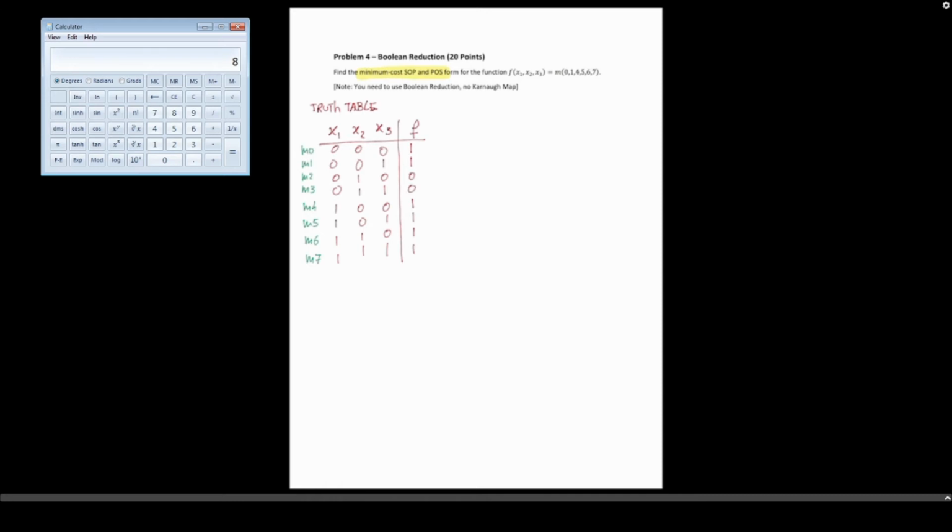Alright, so let's start with my SOP, and my f is equal to x1, x2, x3 all negated, or x1, x2, x3. So I'm going to write, we have 2, 4, 6 minterms over here.